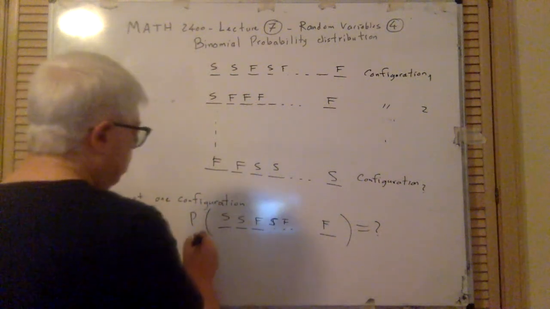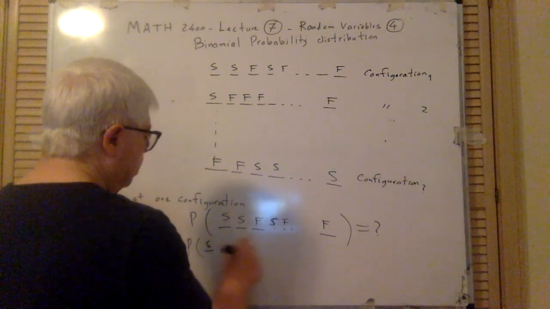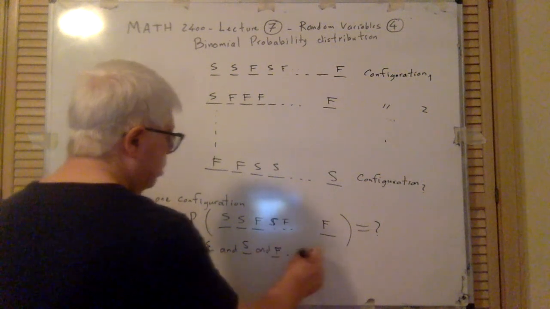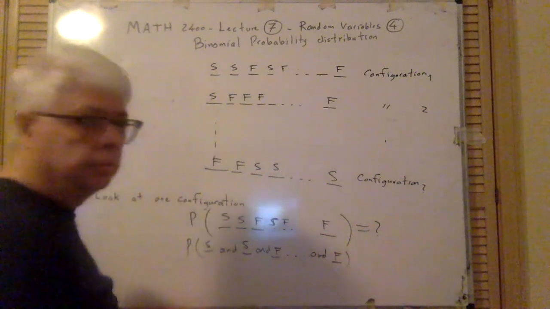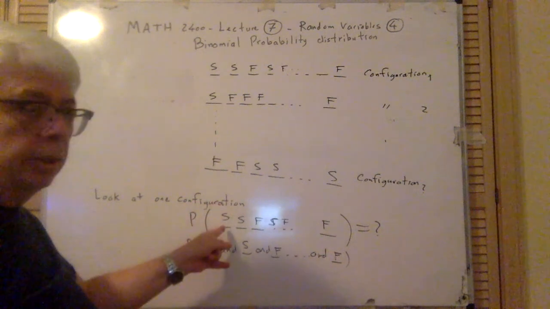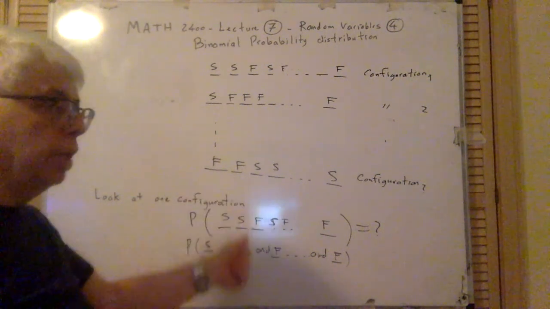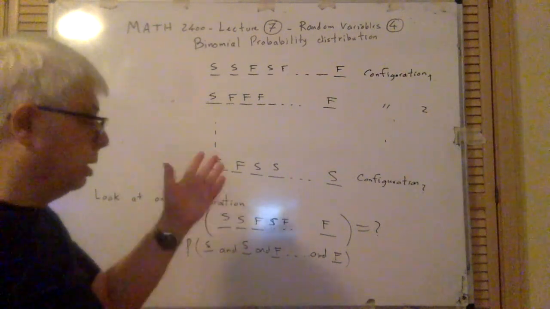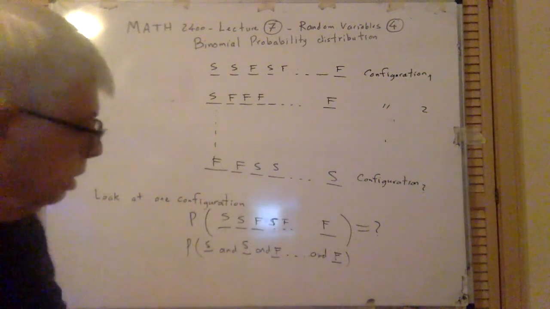And this is like P of S and S and F and F in the end. So it is the probability of this event happening, S in first position, and this event happening, and this event happening. It's and. And these are independent events.